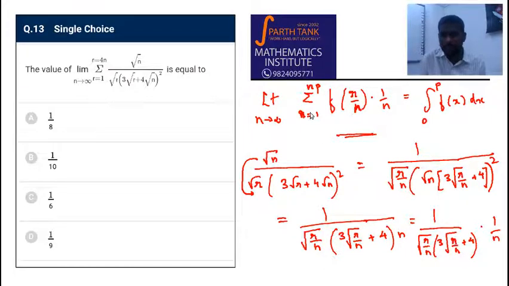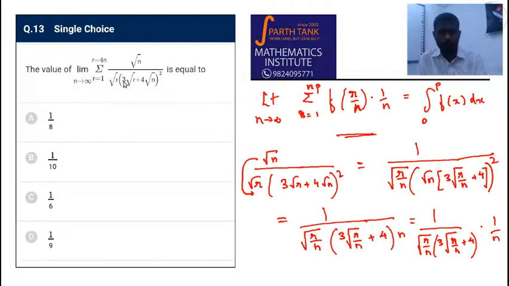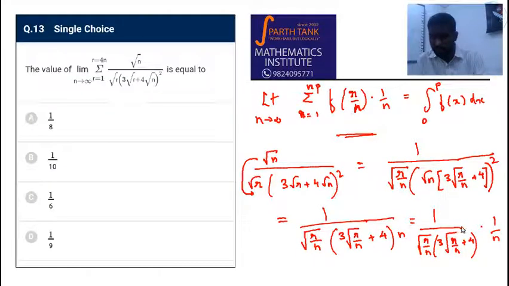And summation. So if I write down the question now, limit n tends to infinity, summation r is 1 to 4n, the whole thing that I've simplified is now 1 by square root of r by n, 3 times square root of r by n plus 4, the whole squared. Sorry, here I missed this whole squared. I'm squaring here, this n is this.